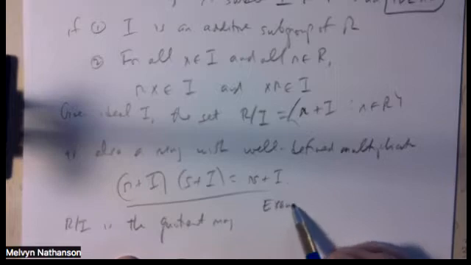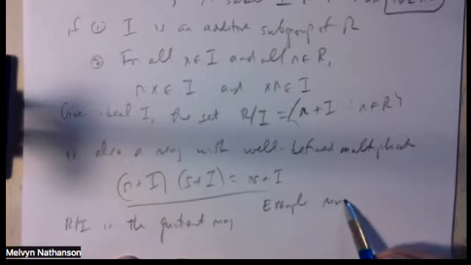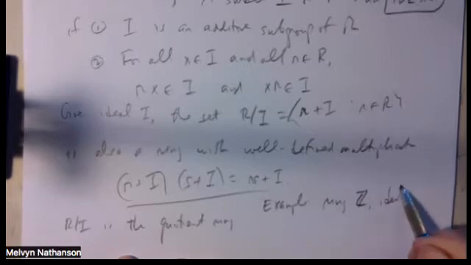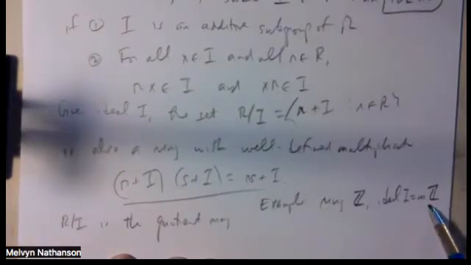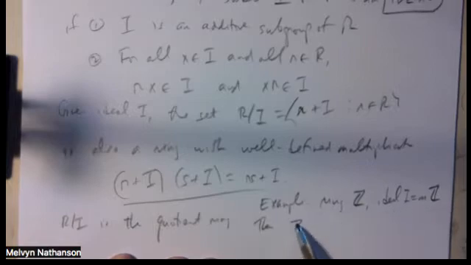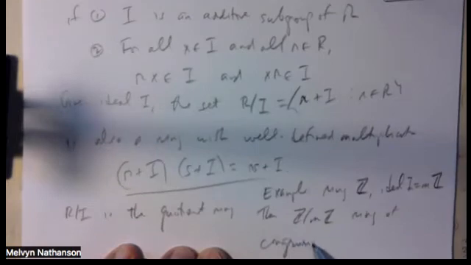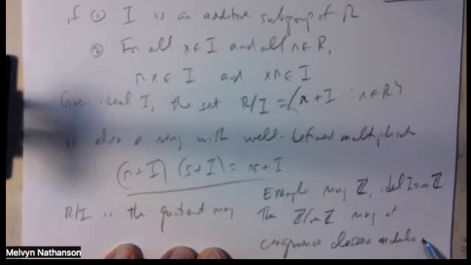And the classical example is if you take the ring Z of integers and the ideal I to be the set of all multiples of some positive integer m, then we have the quotient ring Z mod mZ, which is what we've seen already, the ring of congruence classes modulo m.